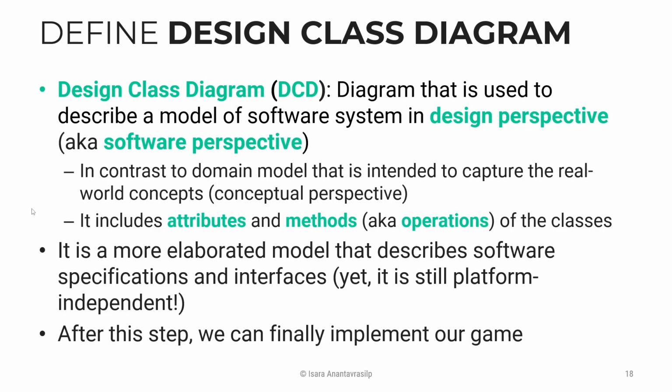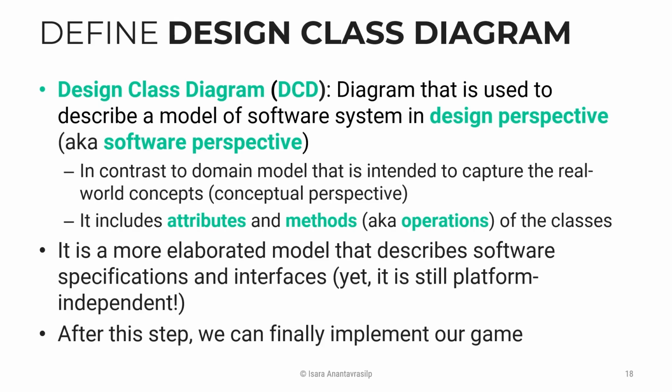Now let us move on to the software side. Here we have the design class diagram. The design class diagram is used to describe a model of a software system from the design perspective, or software perspective, in contrast to the conceptual perspective.